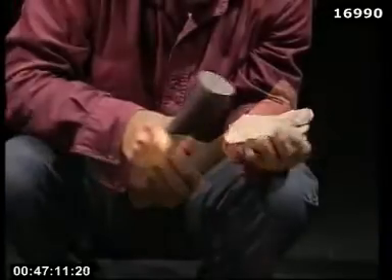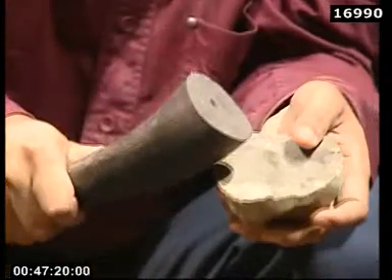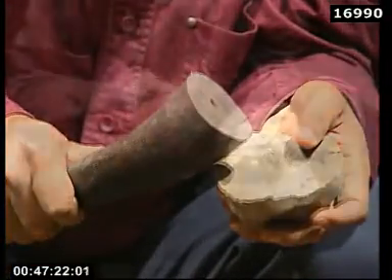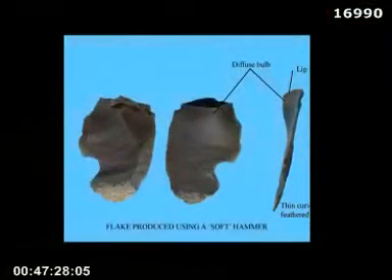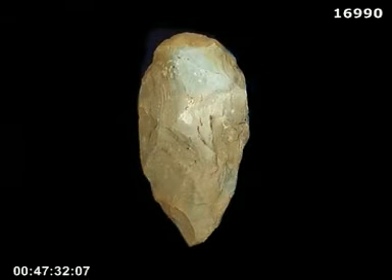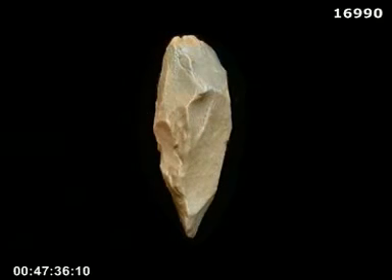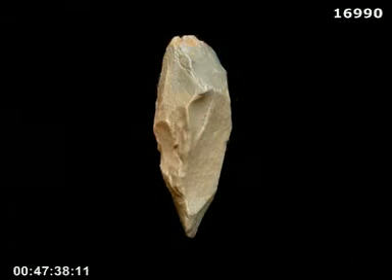When the force is delivered along the rounded surface of the hammer, it spreads over a larger area of contact, resulting in the removal of thin, flat flakes with a diffuse bulb. The intersection of a series of these flat flakes produces a nearly straight cutting edge.